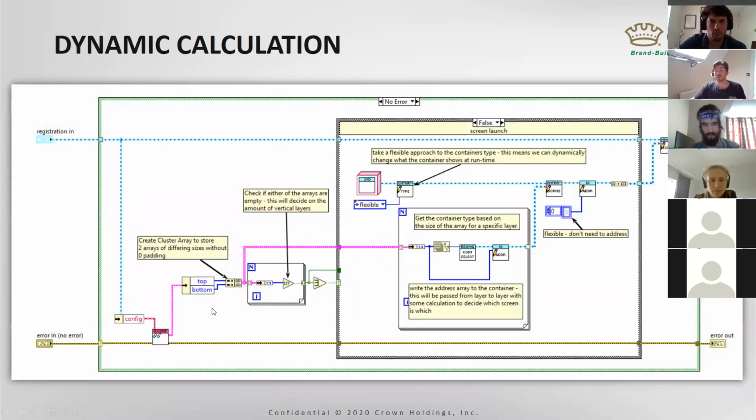This is a quick overview of the dynamic calculation. I'm reading in from a file, getting two arrays, making sure I don't have any zero padding, then checking whether there are elements in those arrays from the file, and making decisions about whether we have 2 vertical, maybe just 1 container. Then I use those sizes, which are numbers, as an address to launch particular things.